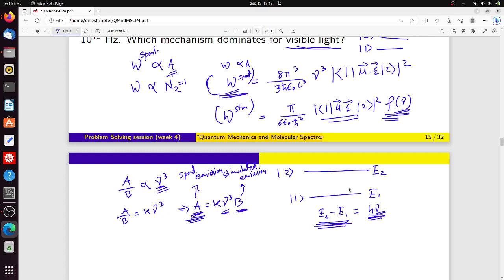Then if the energy gap increases, spontaneous emission will dominate over stimulated emission. This is being taught in week 4. You can verify from the videos. So I am just stating that from class. Okay, so if the energy gap is increasing, then spontaneous emission will dominate over stimulated emission, right?